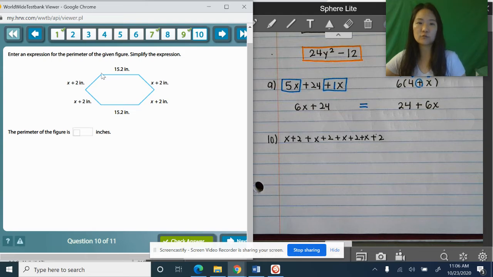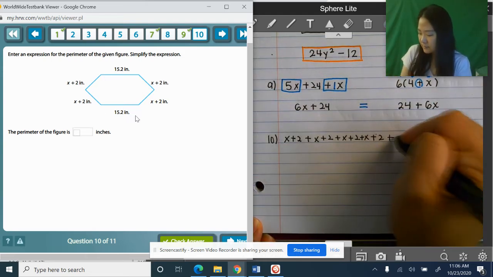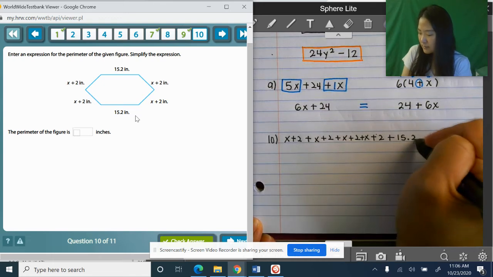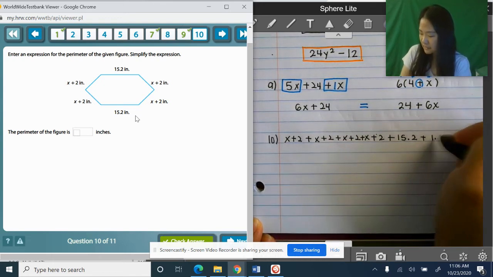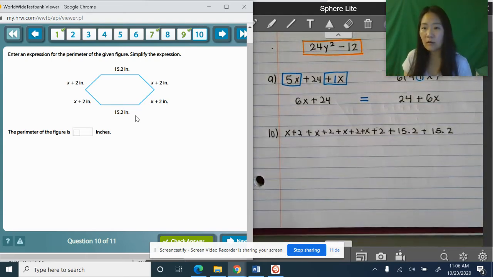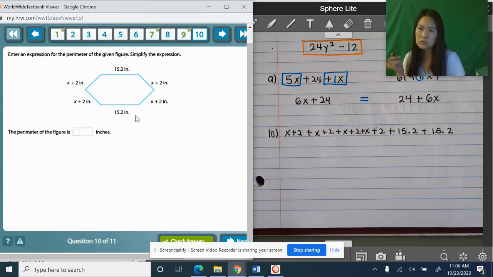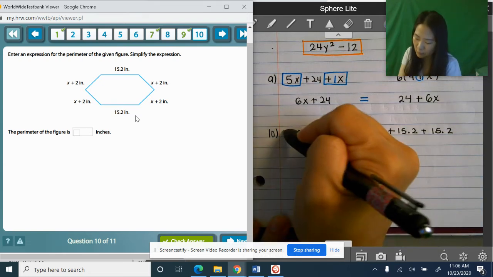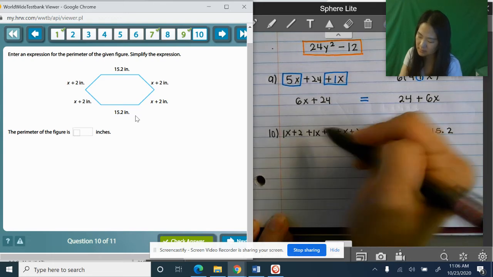And then there are two 15.2's, so plus 15 and 2/10 plus 15 and 2/10. All right. I know that all of those x's represent 1x, so just so that I'll remember, I'm going to put a 1 in front of all of my x's.